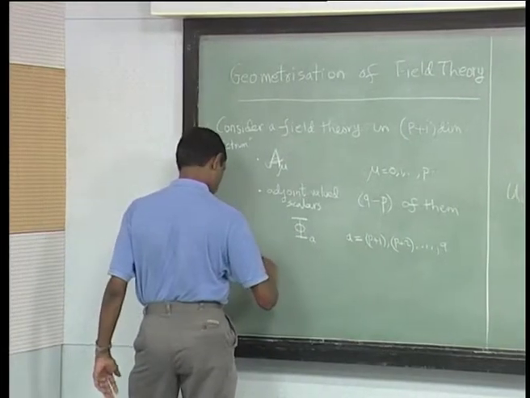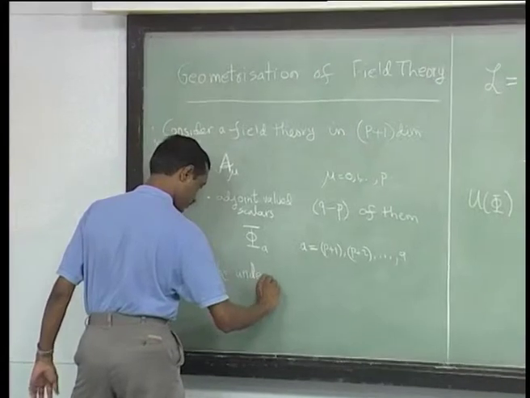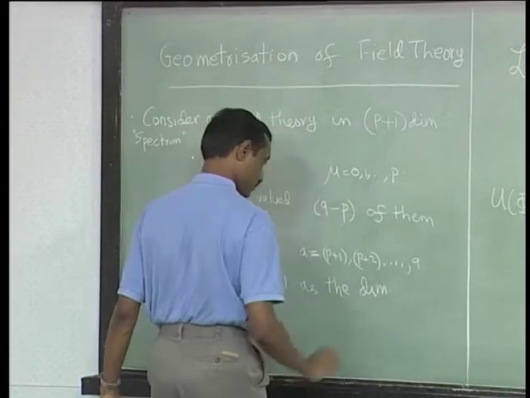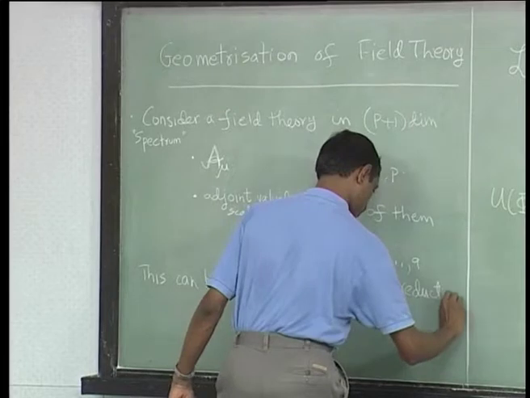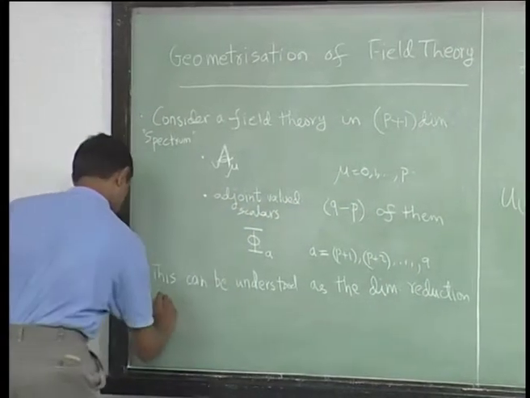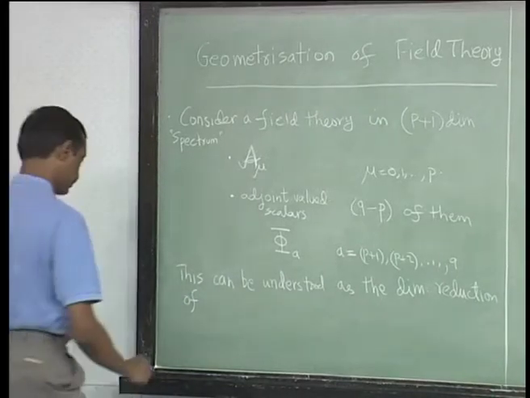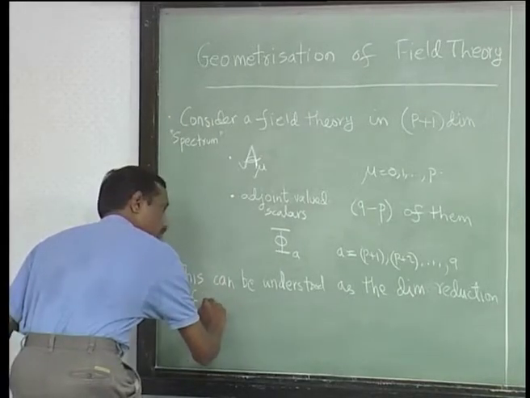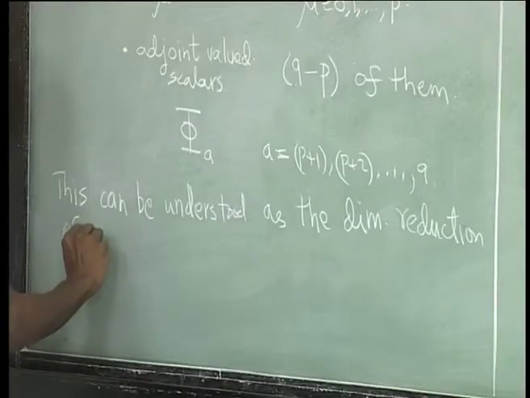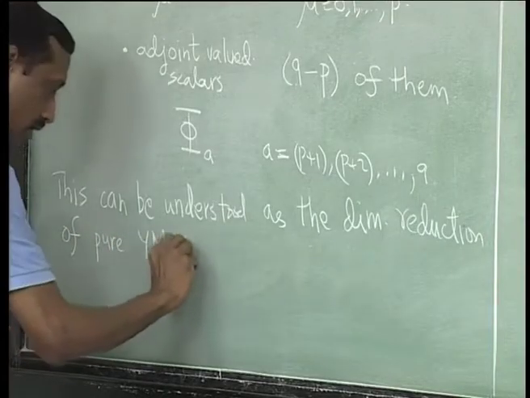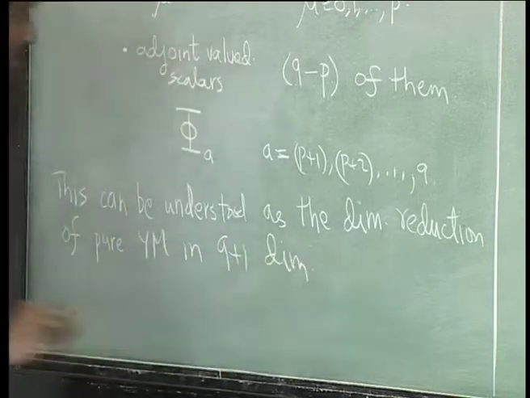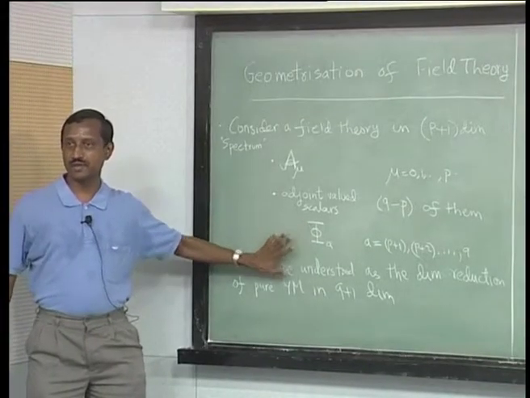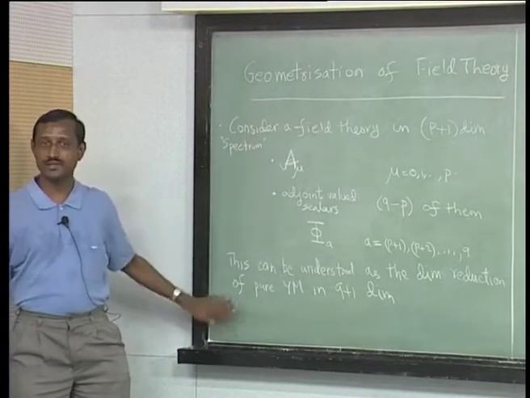This can be understood as a dimensional reduction of pure Yang-Mills in 9 plus 1 dimensions, and then you will see that these fields are basically what would have been gauge fields in 10 dimensions, and they give you adjoint valued scalars. Okay. Is this spectrum clear?